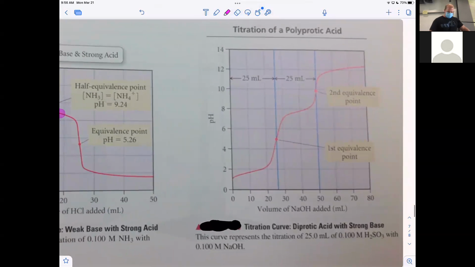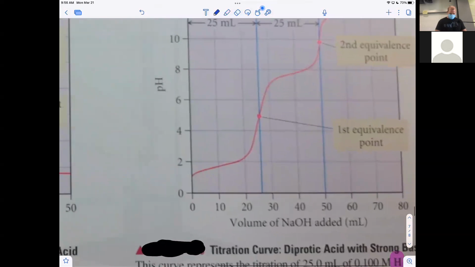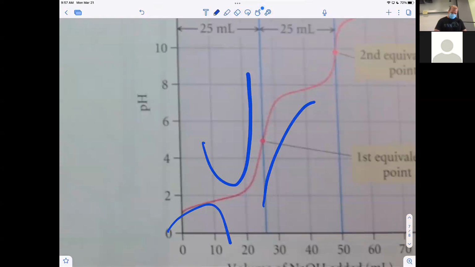And then the titration of a polyprotic acid. So it's got 2 hydrogens. This is sulfurous acid, H2SO3. So a couple things with this graph, right? So this is concave down here. It's concave up here. Concave down. Actually, no, it's too far. Concave down there.